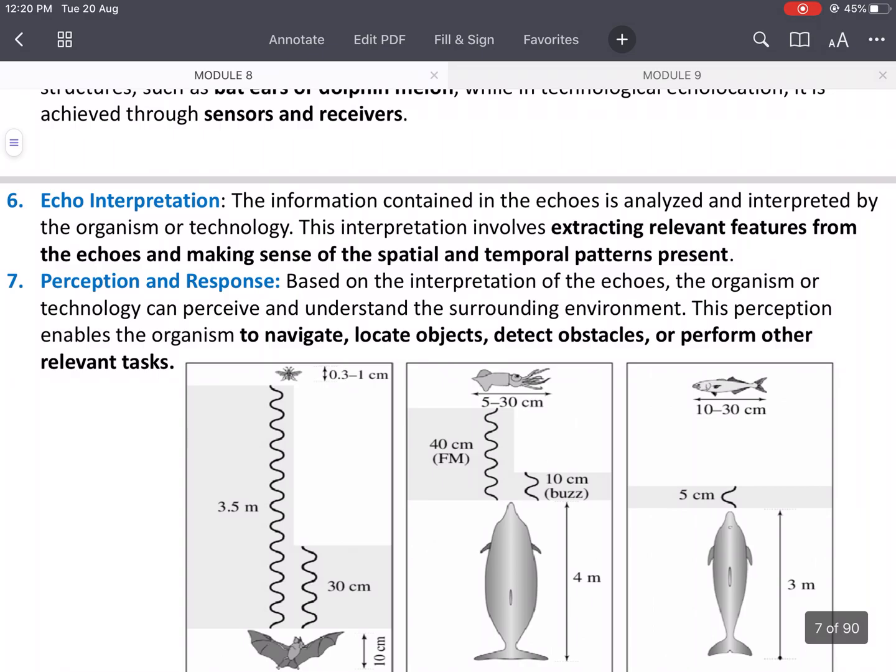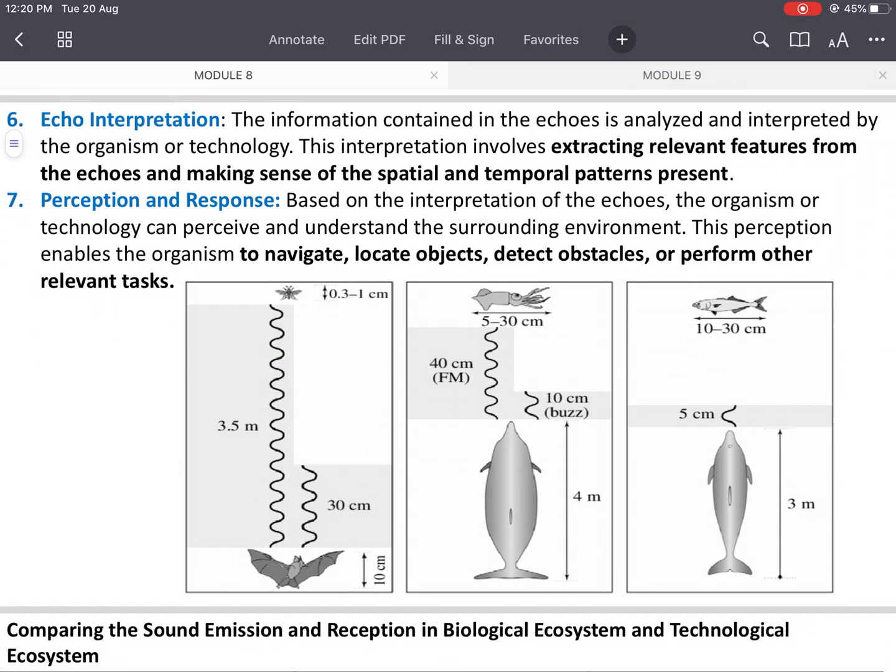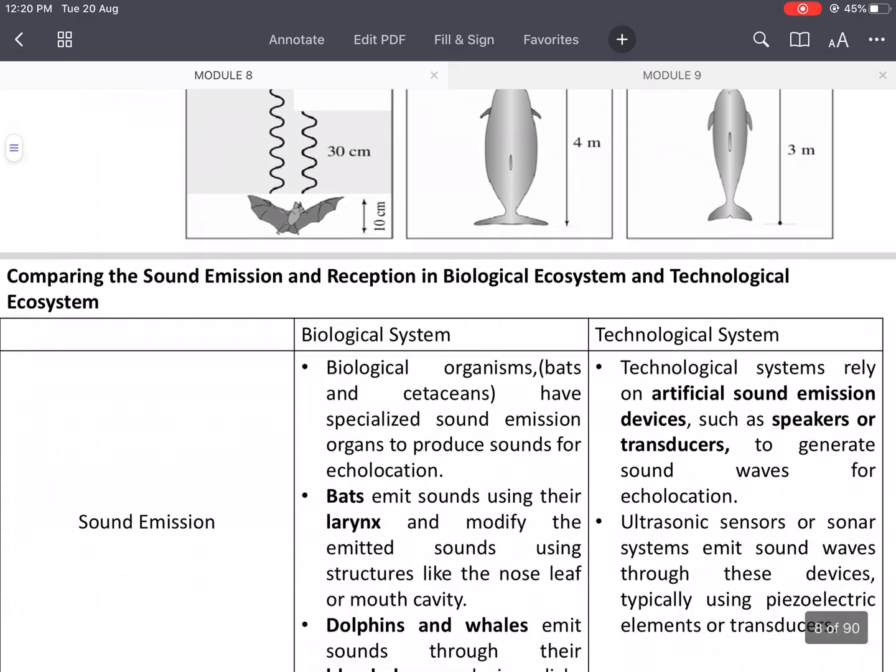Interpretation, that is analysis, and then how it should respond. You can see here how whales, bats and dolphins do the analysis. Bats have a huge range of ultrasonic waves, whales a moderate range, and dolphins a smaller range. The range is shown in the diagram.